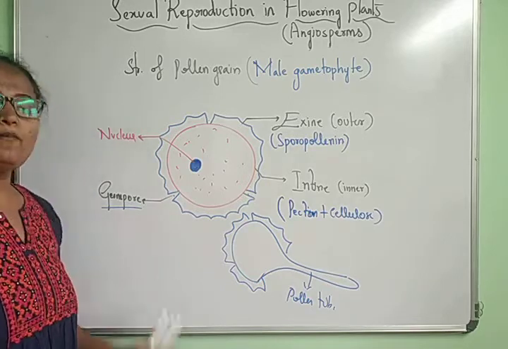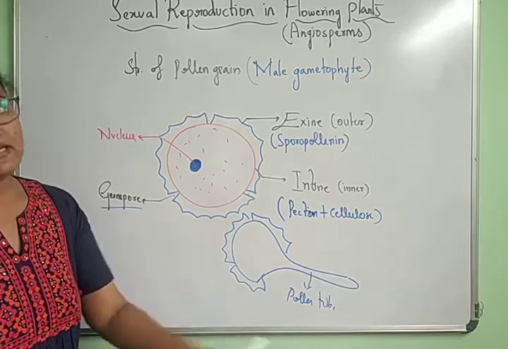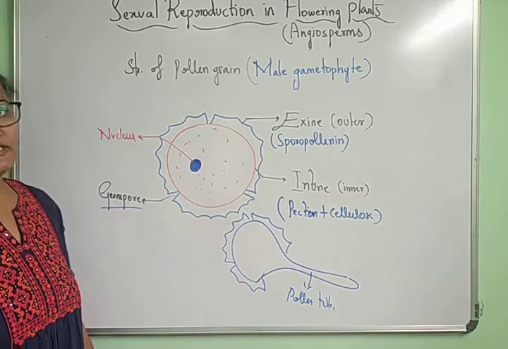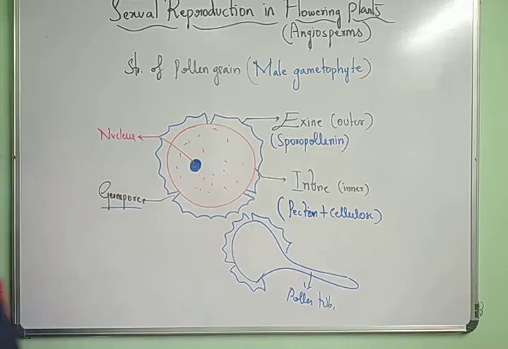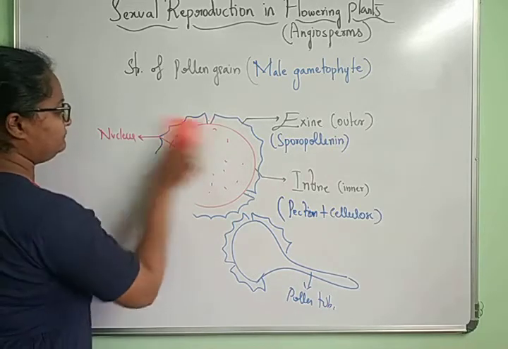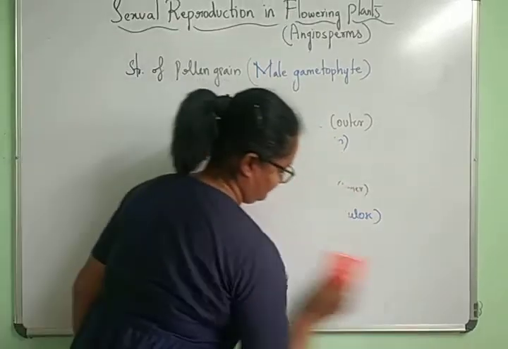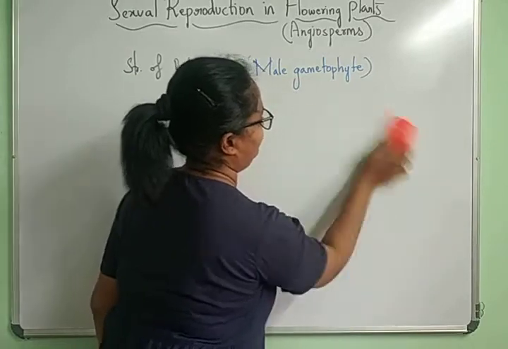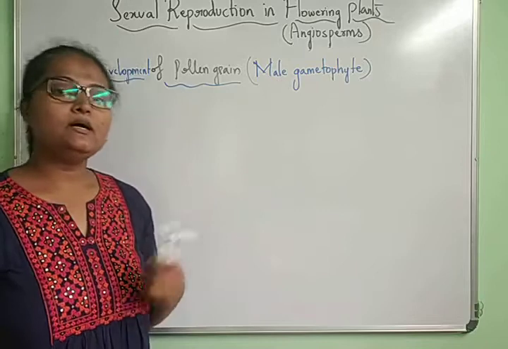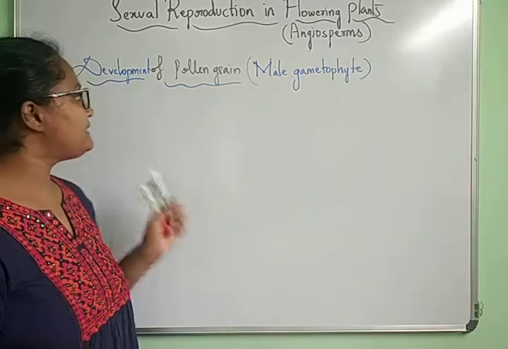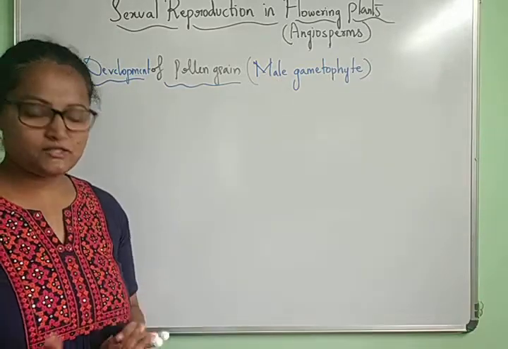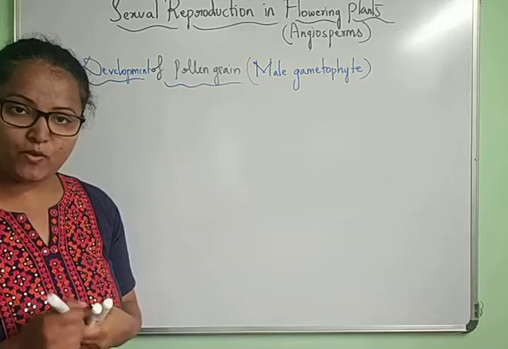Okay, now this pollen grain gets matured to perform fertilization. We'll go to the next process, that is development of pollen grain, or it is also called maturation of pollen grain.